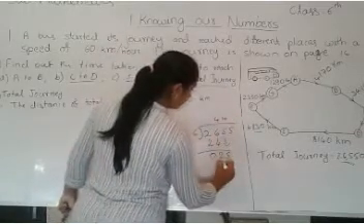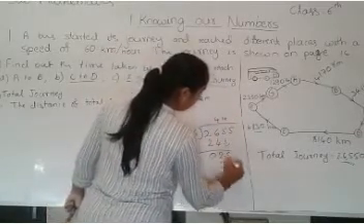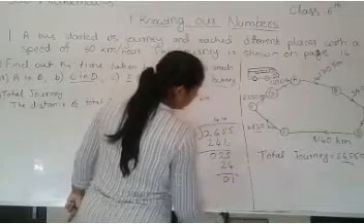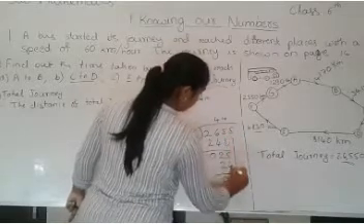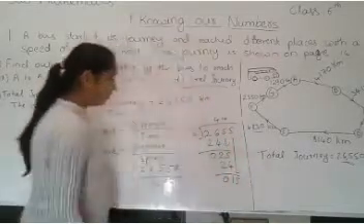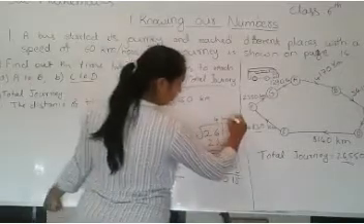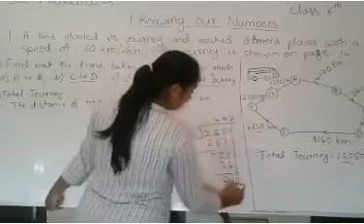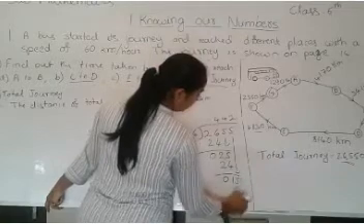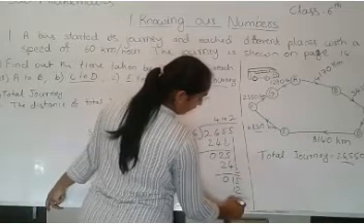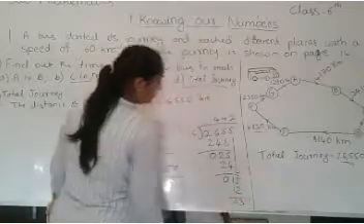6 again. 6 4s are 24. 5 minus 4 is 1. Take here 5. 6 2s are 12. 5 minus 2 is 3. Here 0.